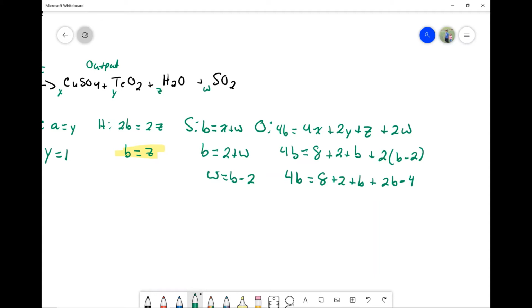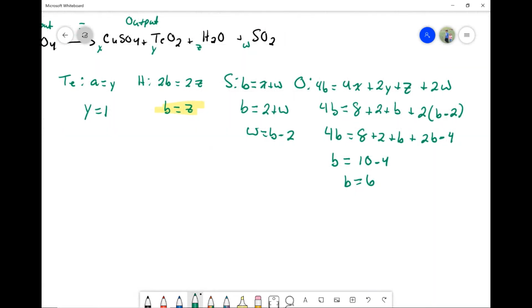All right. So let's move all the b's to one side. So minus b minus 2b is simply b equals 10 minus 4. B equals 6.